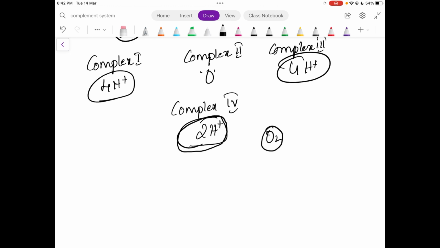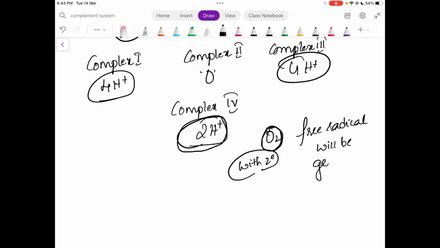If you are not using 4 electrons and you break this oxygen, free radicals will be generated. With 2 electrons, you can't break this bond perfectly, and there will be generation of free radicals. In order to prevent that, you will require 4 electrons.